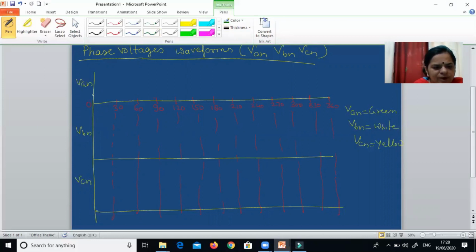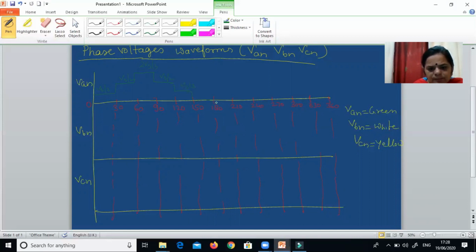Now we know the value is here Vs by 3, then Vs by 2, then 2 Vs by 3, then Vs by 2. Those values I am plotting from the conduction table.